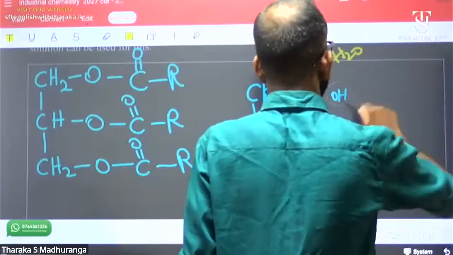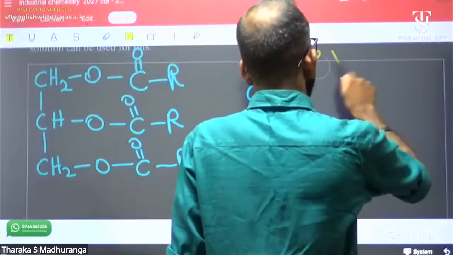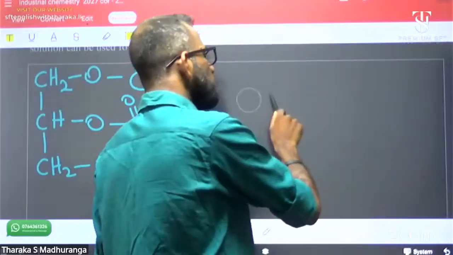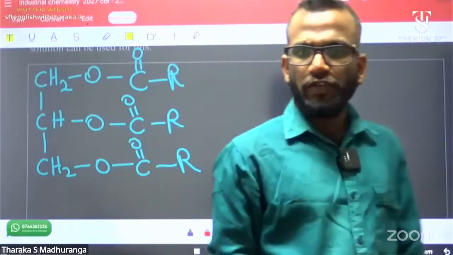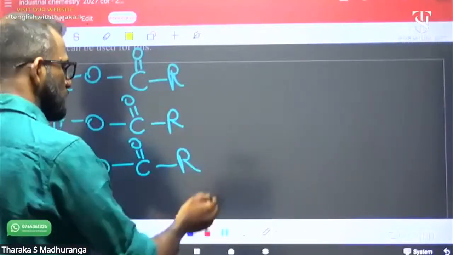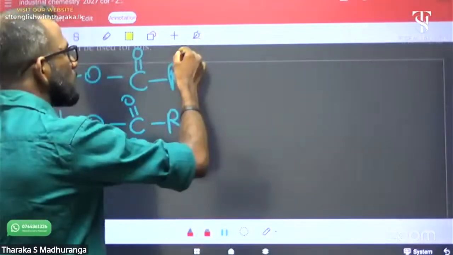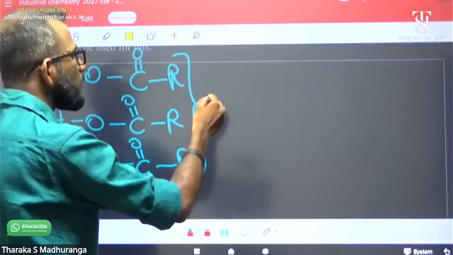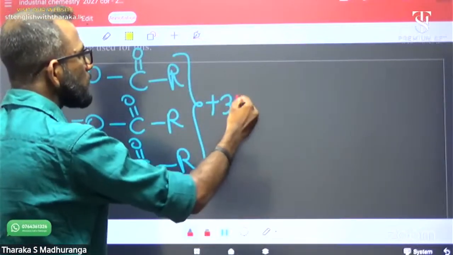Now, what happened in saponification? In saponification, this triglyceride reacts with 3 sodium hydroxide.